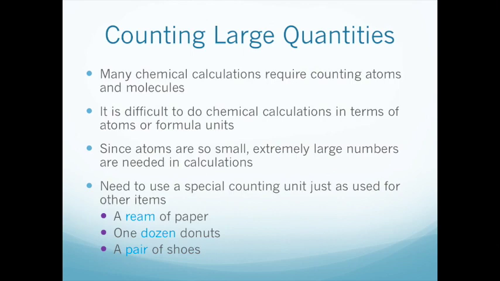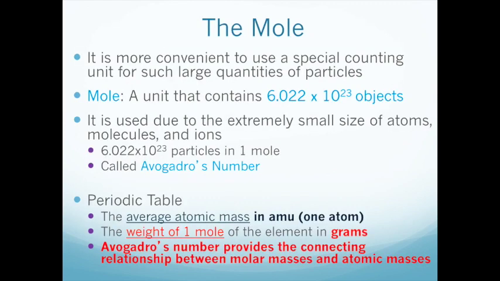So we have devised, just as in the case of something like paper, you have reams of paper or dozens of donuts or pairs of shoes, we have a unit for atoms, and we call it the mole. So a mole is 6.022 times 10 to the 23rd particles or objects.